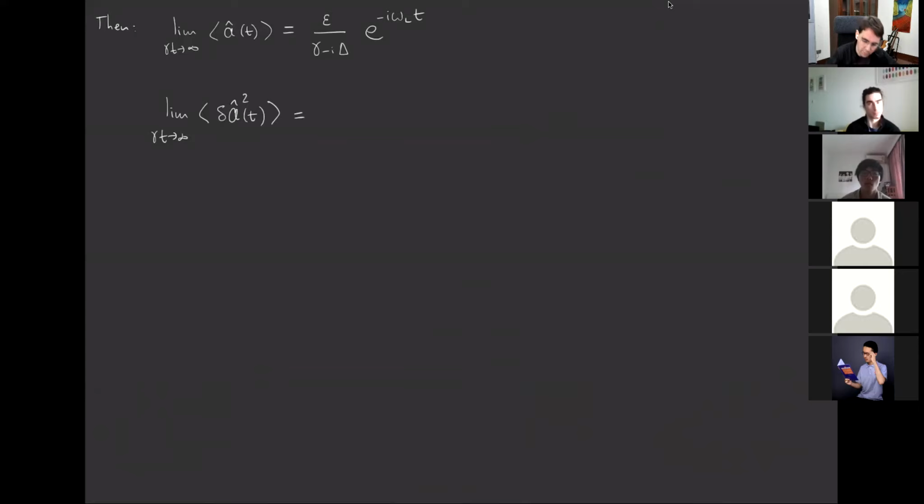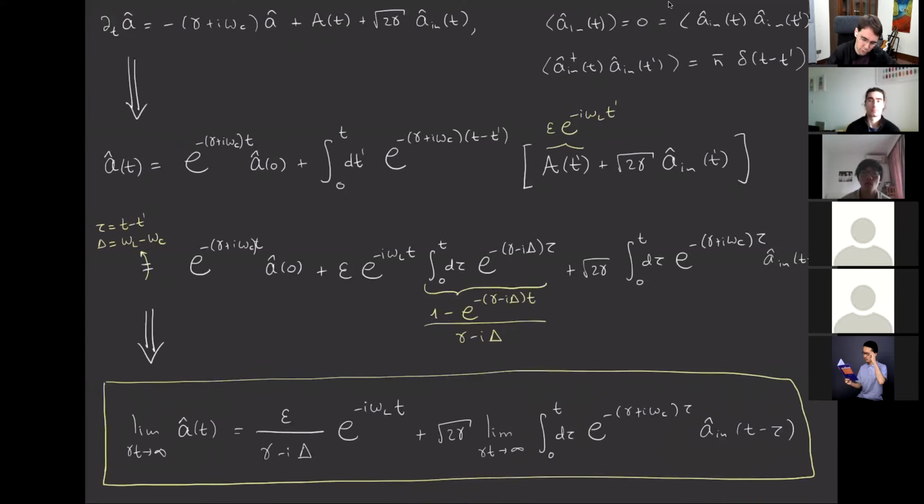And maybe I tell you quickly that if you check this expression, you see that this is the full A. But if we take delta A, which is just A minus its expectation value, the only thing that you do is cancel this term in here, okay? So delta A is equal to this integral here.